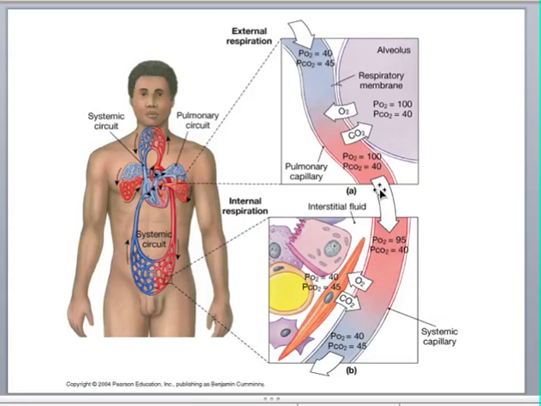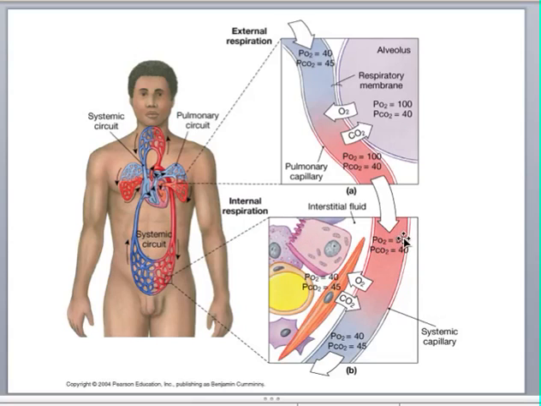At this point, the PO2 has gone from about 100 to about 95, it's still pretty high. So there it is. This is just showing you a little picture of various tissue cells. And here in the tissues, the PO2 is about 40. It's low because the cells have used up oxygen in cellular respiration.